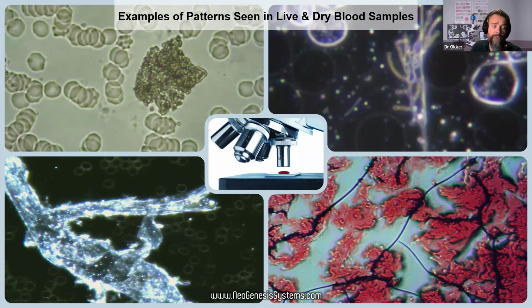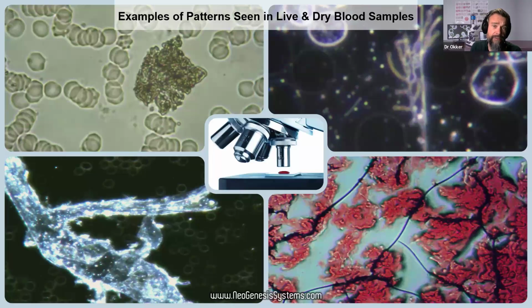And that's viewed while the blood is still alive. We view the sample without adding anything to it. And it's viewed at very high magnification with a specialized microscope, where we have two types of views that we really look at. The first being bright field, which is the image on the top left-hand side there. And then those two images with a very dark background, those are taken in dark field.